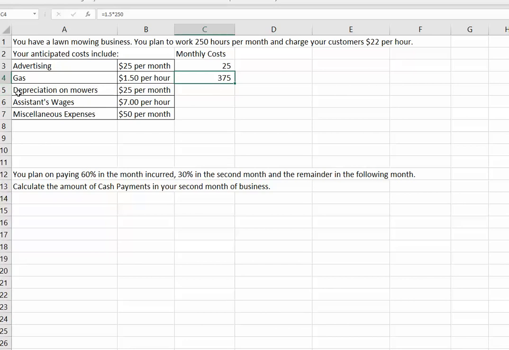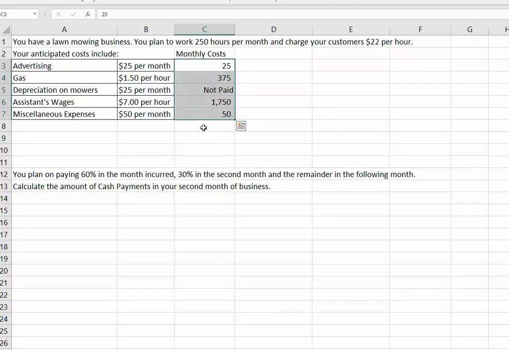Now depreciation is actually not included, although it's an expense. It's actually not going to get paid. So this is not paid. So we're not going to include it because we're asked in this problem, what are our cash payments going to be? We are of course going to have to pay our workers $7 an hour, and here's the miscellaneous expenses.